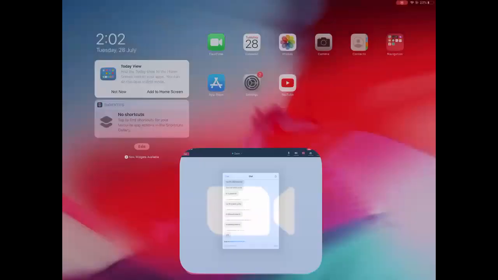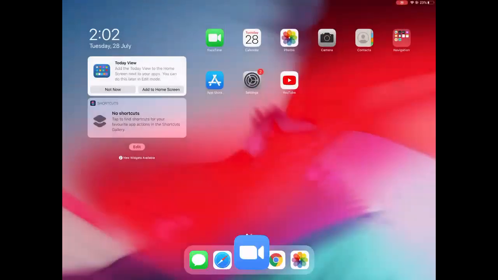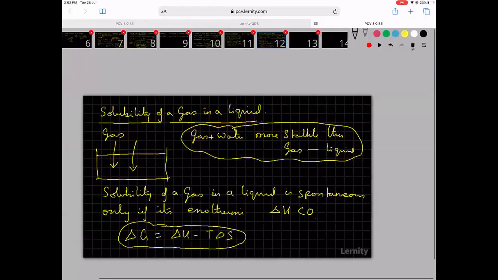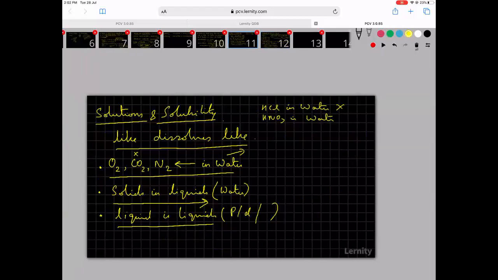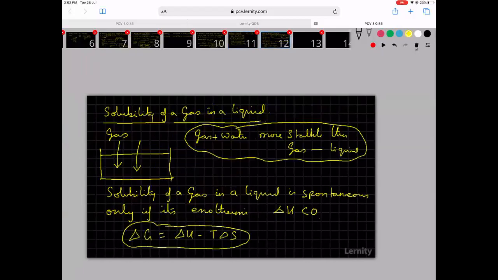Previous slide. Here is the previous slide. This is the next slide. Delta G is equal to delta H minus T delta S. Solubility of a gas in a liquid is spontaneous only if it's exothermic.